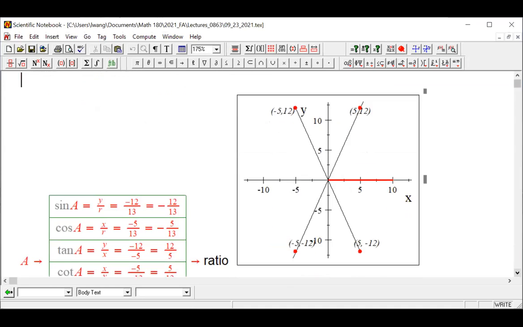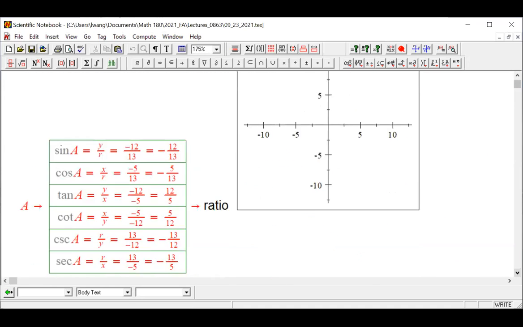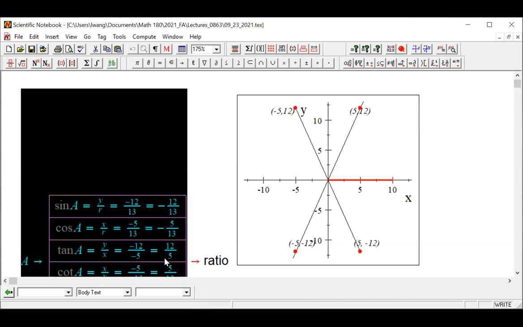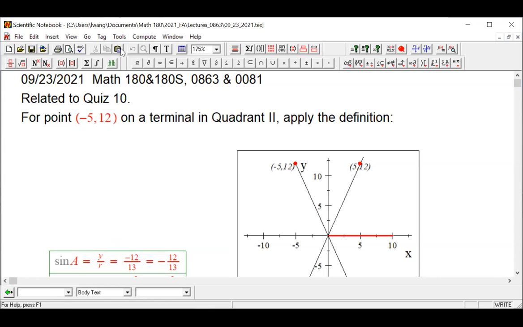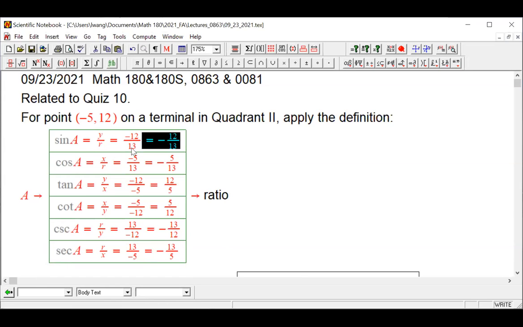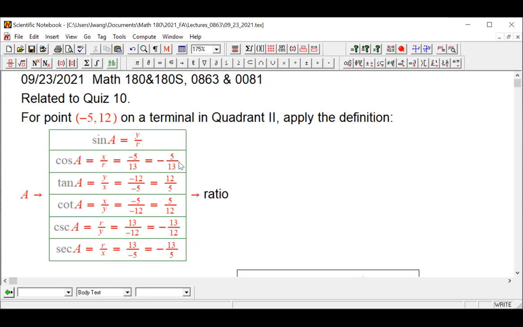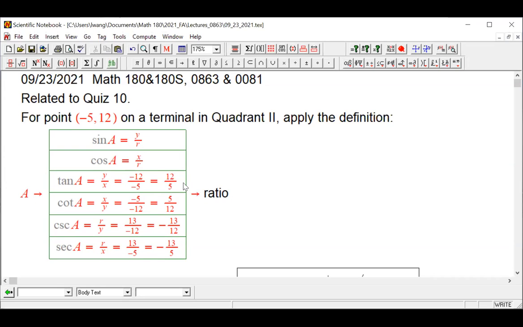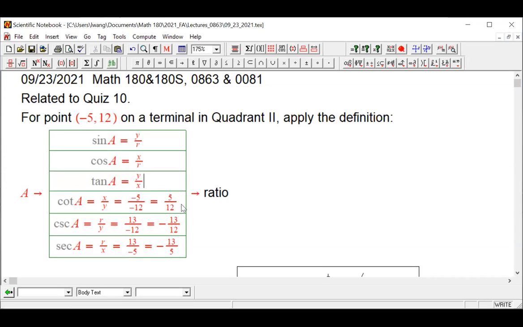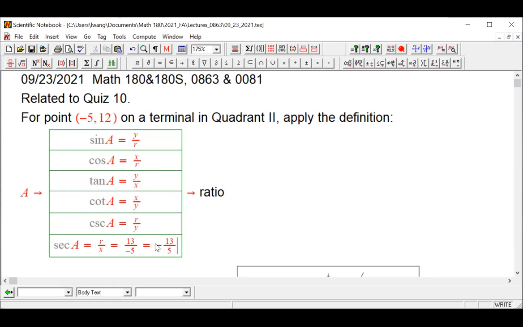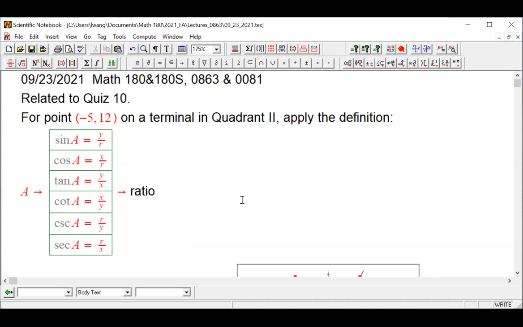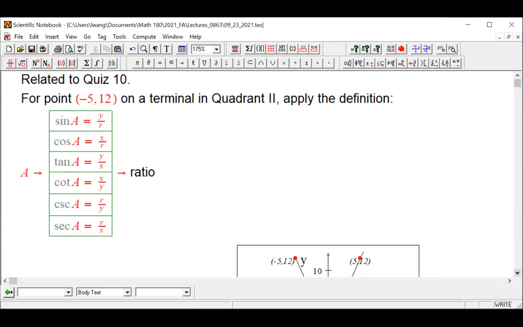Is that clear, everybody? Yes? To get those ratios. You have to fill in your work for this specific point. I want you to write this down before you do your work. I just want to clearly specify the point and the task.